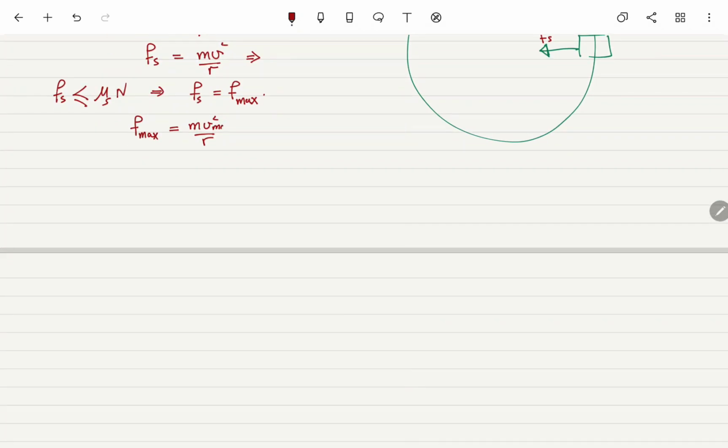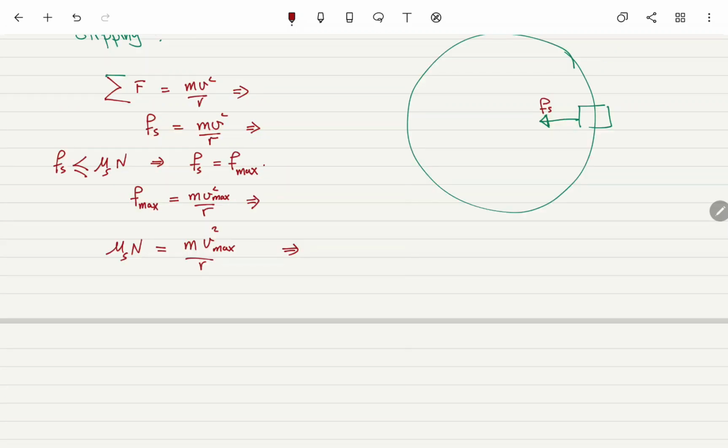Actually, it's maximum here. Now, F max is equal to mu s N, which equals m v squared max divided by r. Now, if we take the forces acting on the car, we have the weight of the car, mg, and the normal.